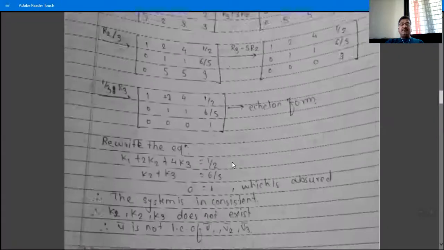So we'll see the theorem on this topic, linear span.